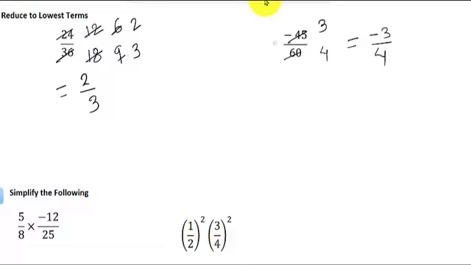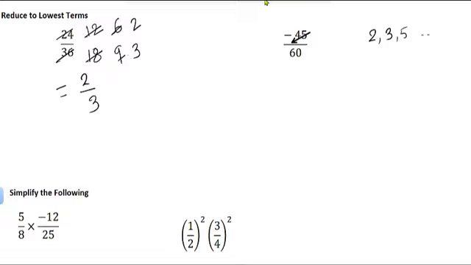Now instead of the greatest common factor, if you use the prime numbers method, the first number we use is 2 if possible, then 3, 5, and so on. So these two numbers are divisible by 3.